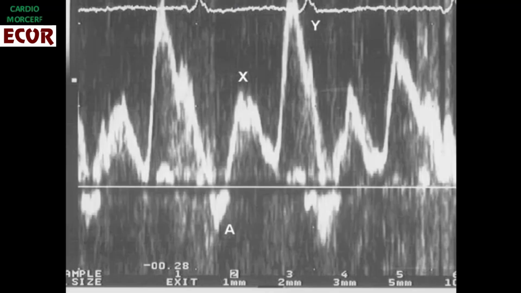Here we see an abnormal case where the X wave is much lower than the Y wave, which would indicate a diastolic problem, but also may be an indication of systolic left ventricular dysfunction, or also of mitral regurgitation, at least moderate. Then, these conditions should be taken into account. If the mitral flow is normal, then a pulmonary flow like this may indicate pseudonormal or type 2 diastolic dysfunction.